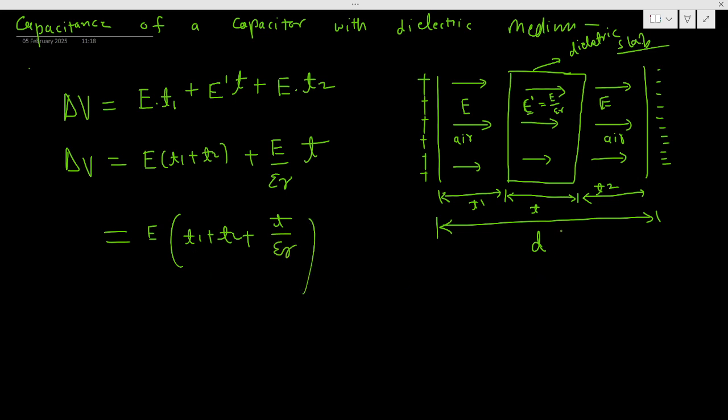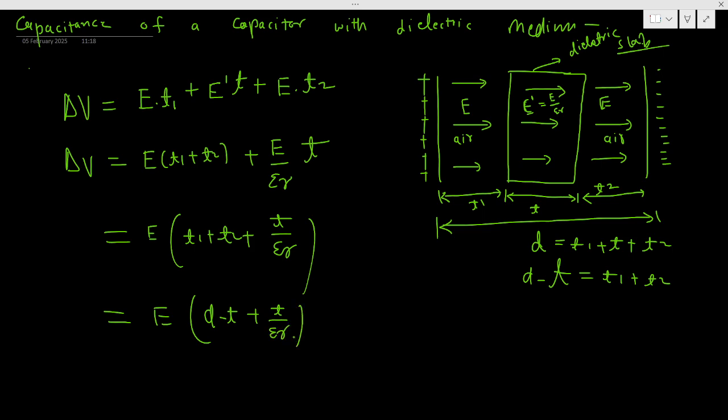Here we can write d equals t1 plus t plus t2. So t1 plus t2 is equal to d minus t. Putting in this value, we got d minus t plus t upon epsilon r, where epsilon r is the dielectric constant.